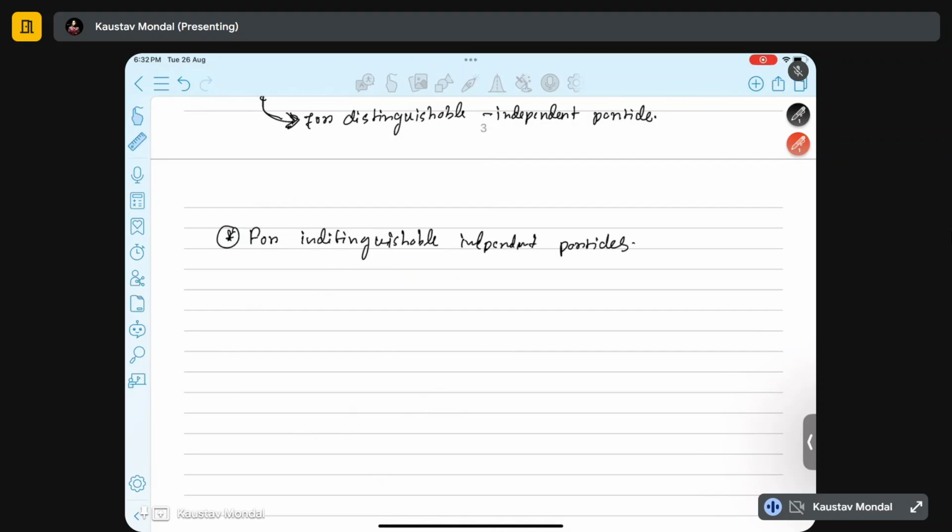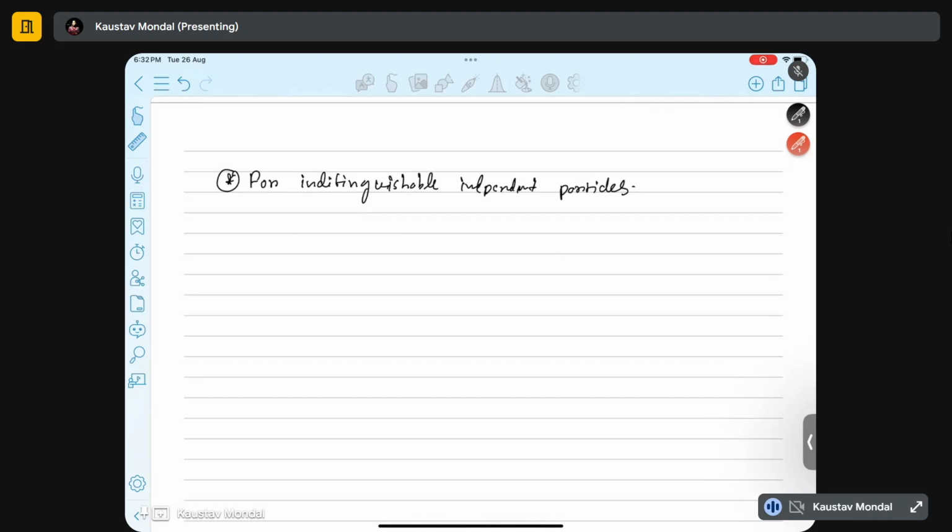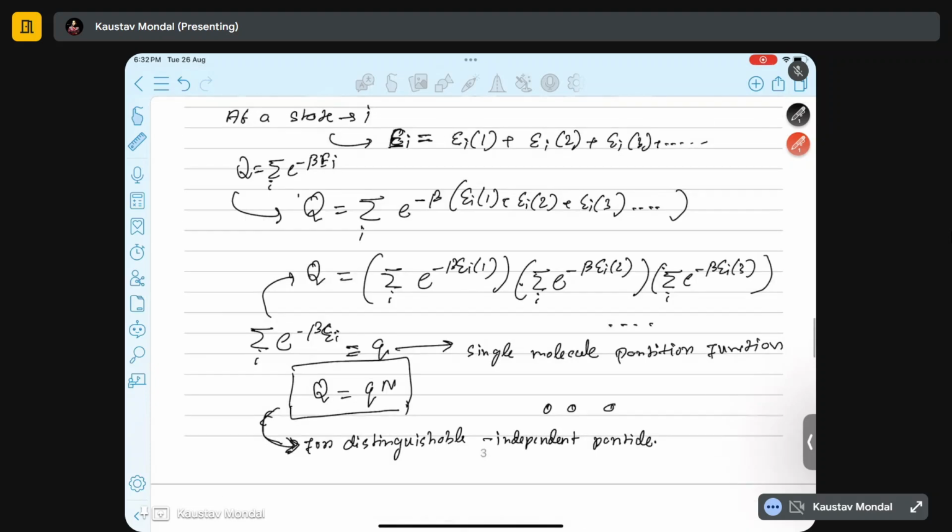For indistinguishable particles the form will be a bit different. In that case the capital Q would be q to the power N divided by N factorial. This is for indistinguishable particles. So this is how the canonical partition function, capital Q, is related to small q.